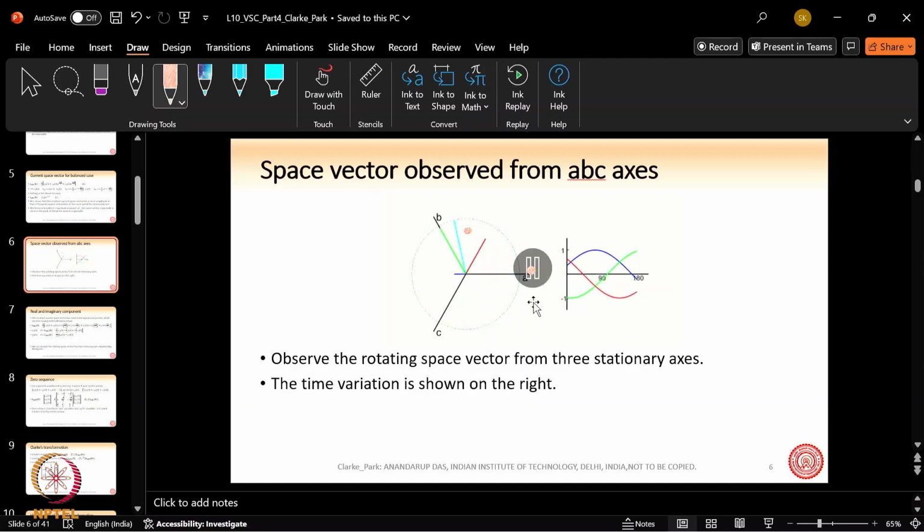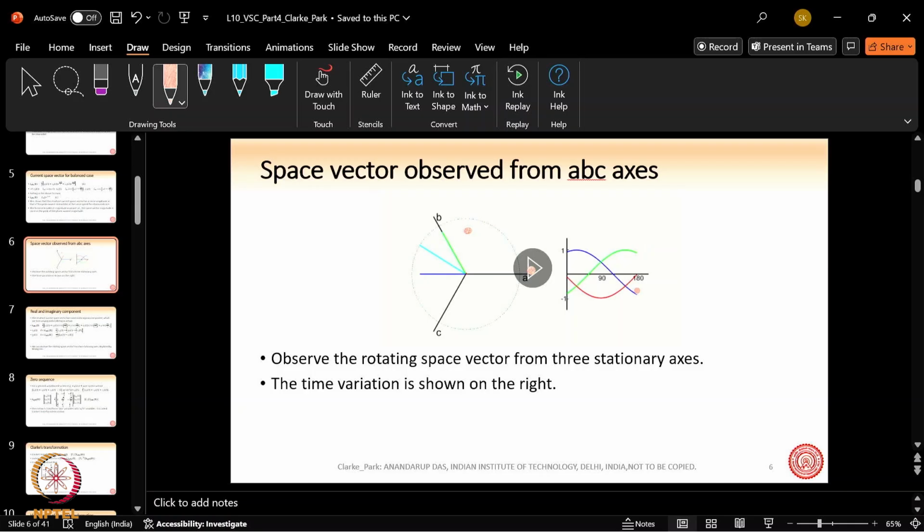What is important for you to understand is, for example at this point, what is the projection on the A, B and C axis. When the space vector is rotating, there is a projection happening on the A axis, B axis and C axis, and that projection is obtained here at this position.